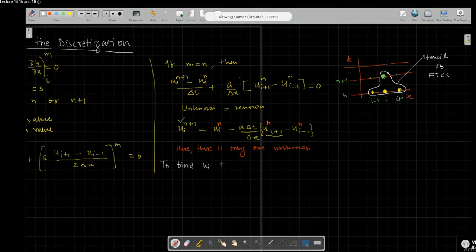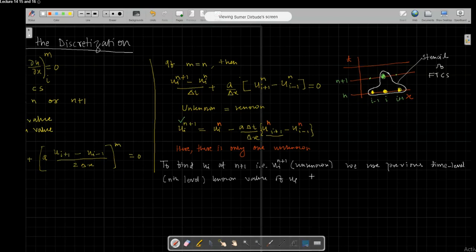ui at n plus 1, that is ui n plus 1, which is an unknown value, we use the previous time level, that is nth level, previous time level known values of ui, that is ui n, ui minus 1 n, ui plus 1 n.